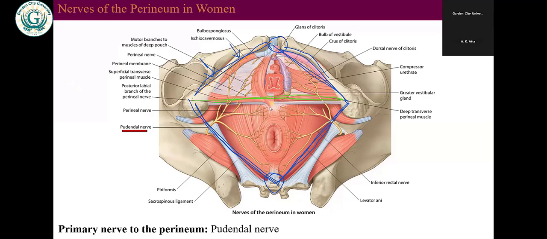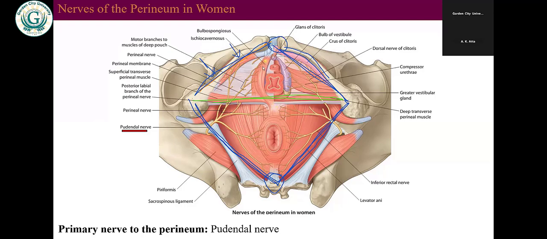And there, this fibromuscular mass is called the perineal body. This perineal body is very important because that is where you have a lot of muscles inserting. Here you can see the external anal sphincter inserting on the perineal body.